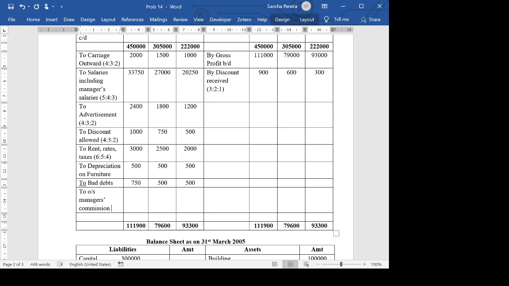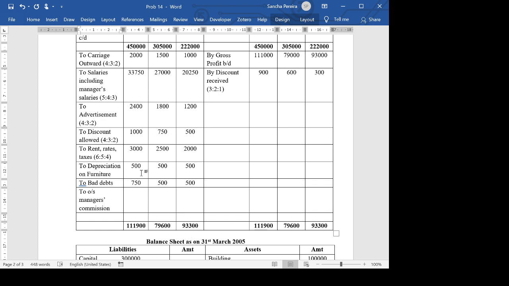Now, if I take 1,11,900, you need to be a little careful of this calculation. 1,11,900 and minus all these expenses. So 2,033, I will minus this. This comes to 35,750. 35,750 minus 3,400, 6,400, 6,900 minus 750.